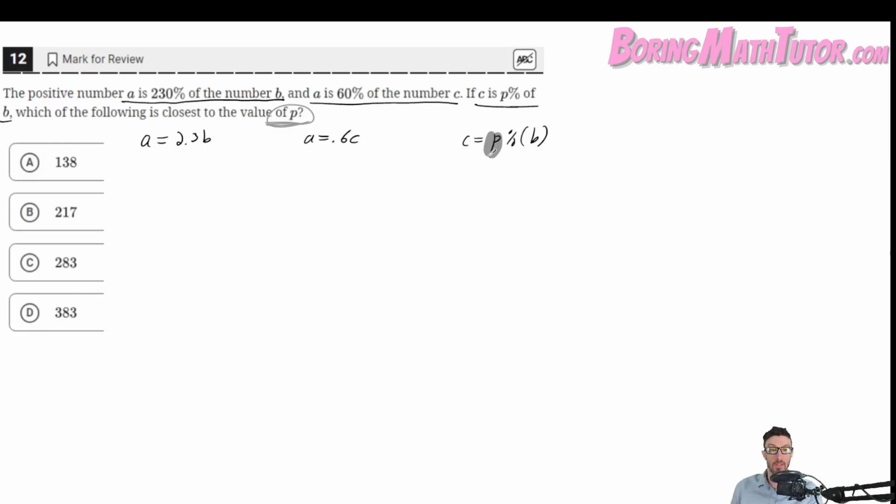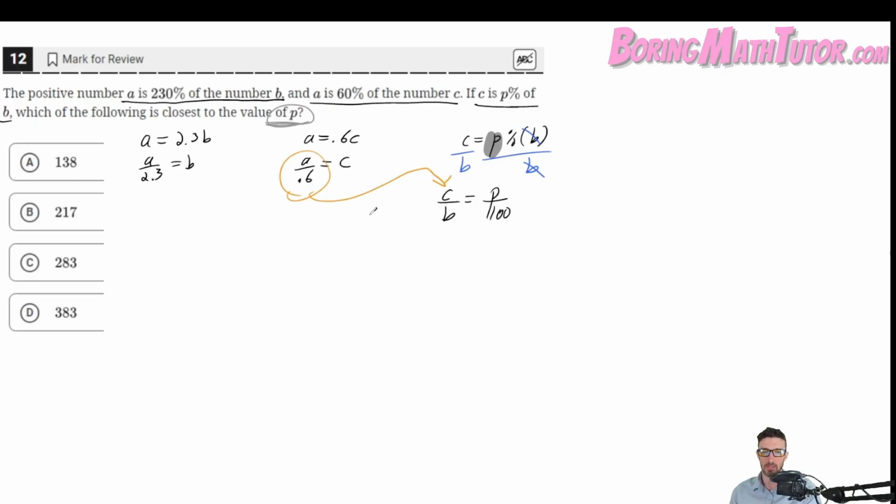So I want to start by solving for P in this equation. Now I can start that process by dividing both sides by B. And that would get me P%, but P% is the same thing as writing P over 100. So I now have that it's equal to C over B. Okay, well, one thing I can do is solve this equation for C, which would be A over 0.6, and solve this equation for B, which would be A over 0.3, and then I just get to plug those in.